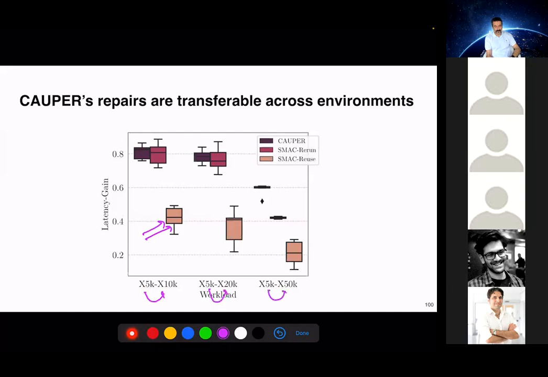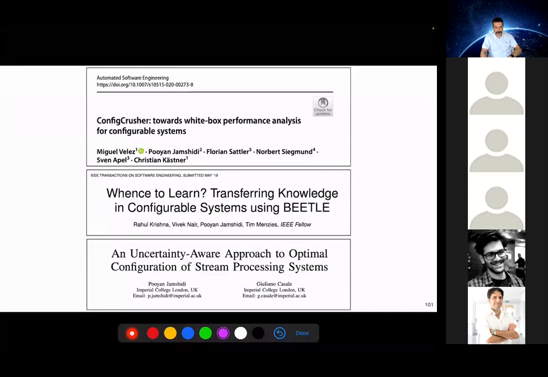And this is only a workload change. With other environmental changes, we do not have the results yet. So basically, this means that the best configuration would not stay the same if we change the environments. And we have observed this in our previous empirical studies as well. So it was good to see the confirmation here.